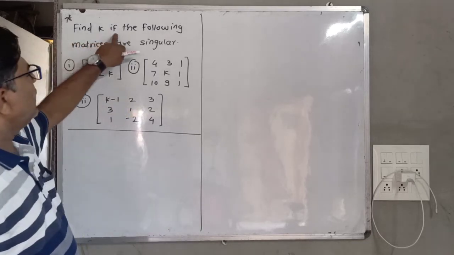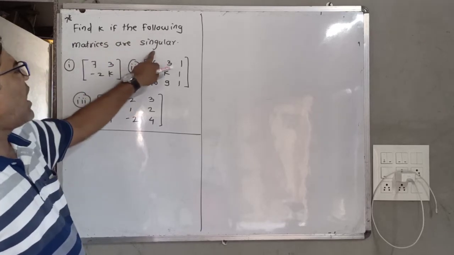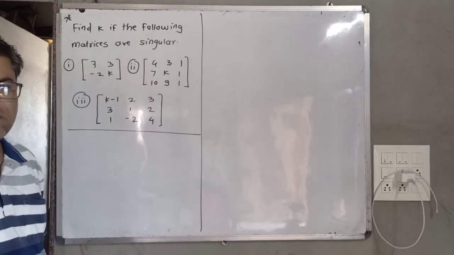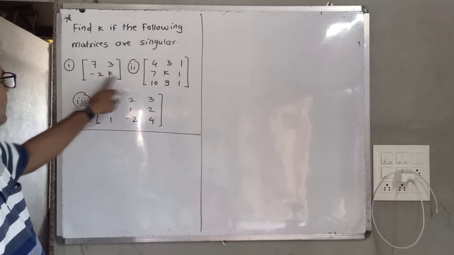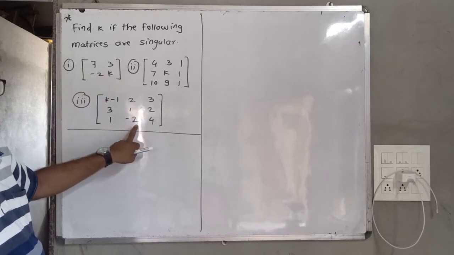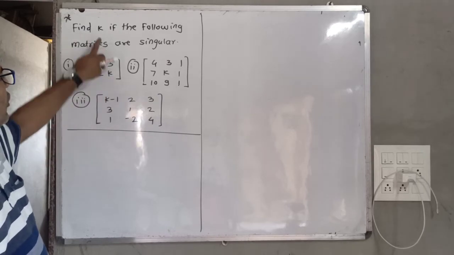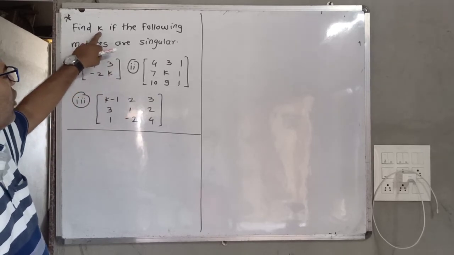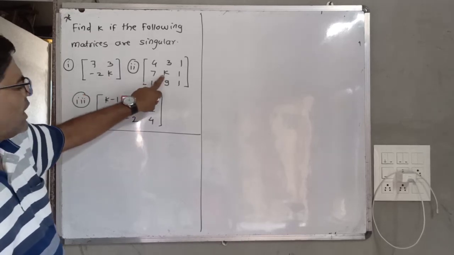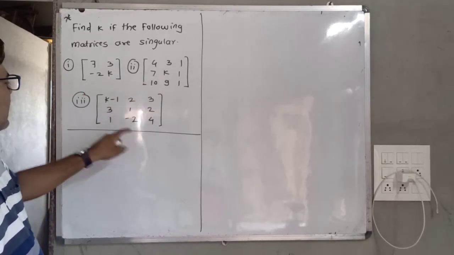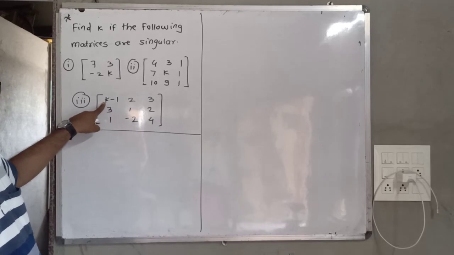Find K if the following matrices are singular. There are 3 questions here. We are going to find the unknown value of K for each example.